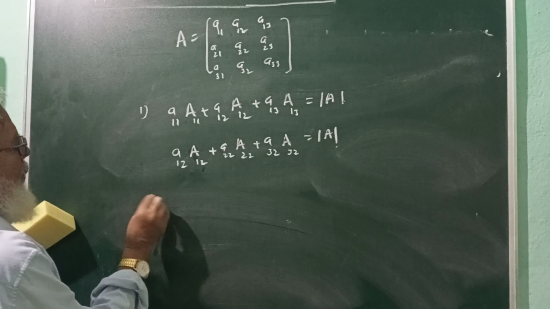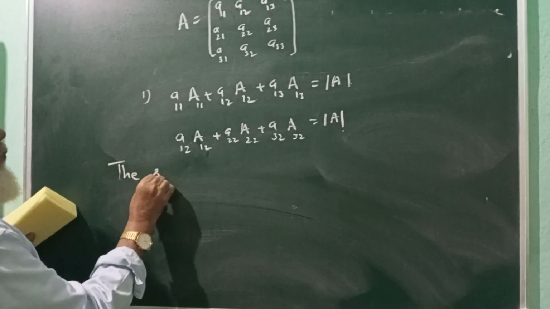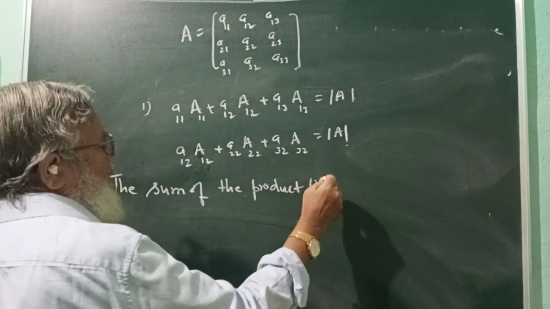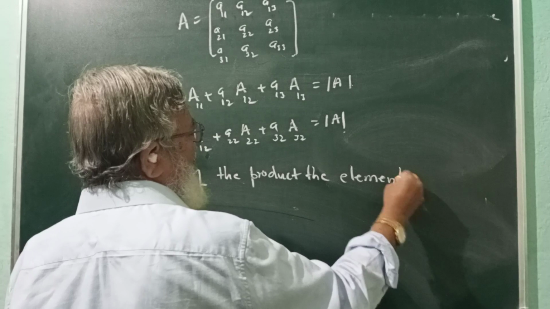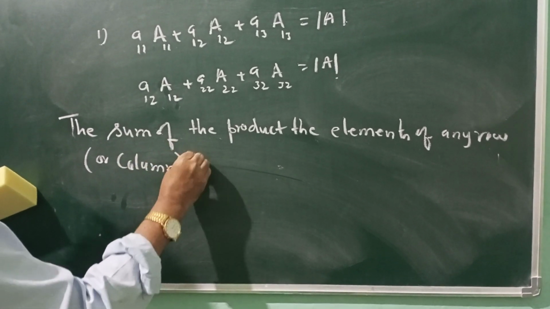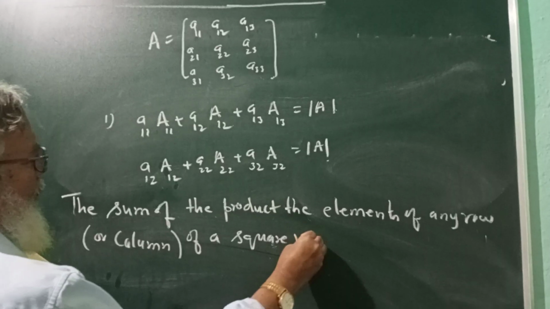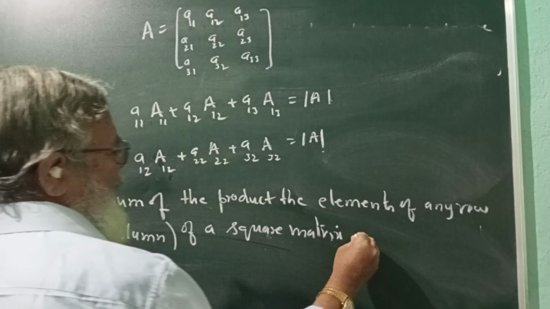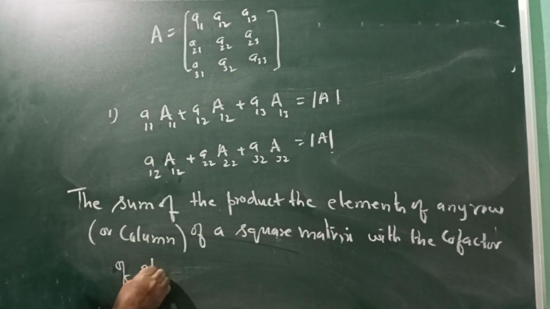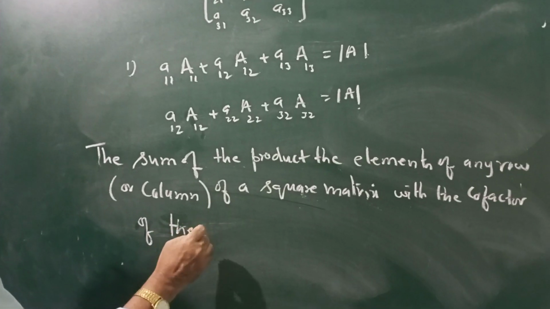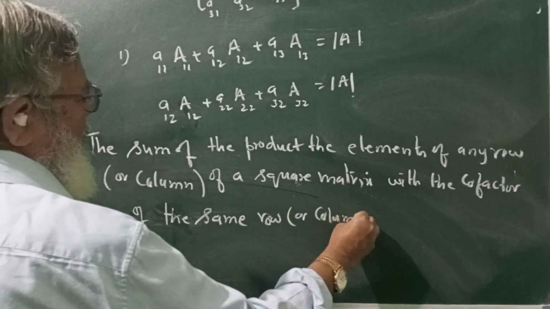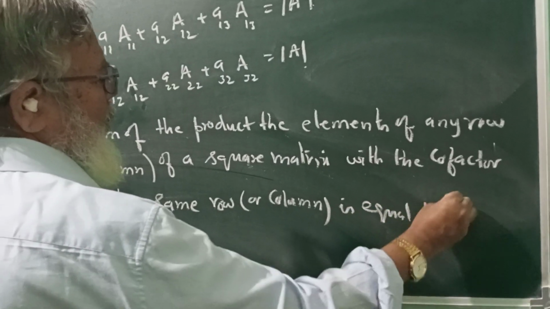So we write down this property: the sum of the products of the elements of any row or column of a square matrix with the cofactors of the same row or column is equal to the value of the determinant.